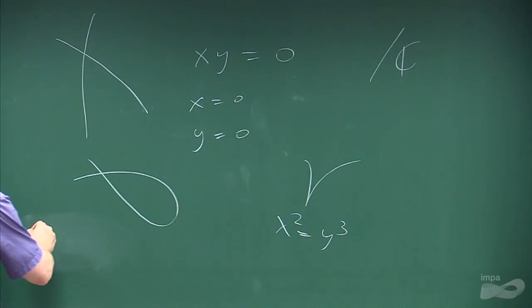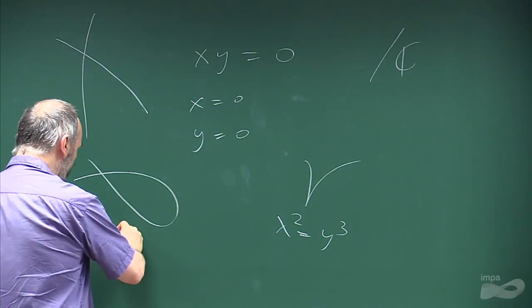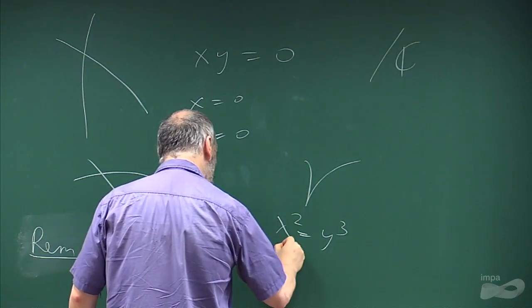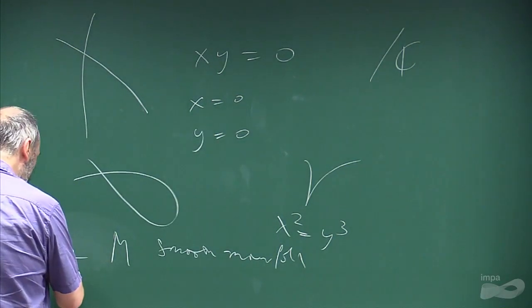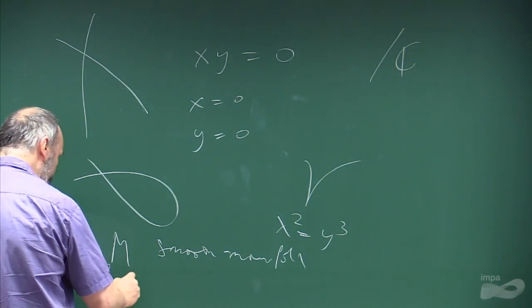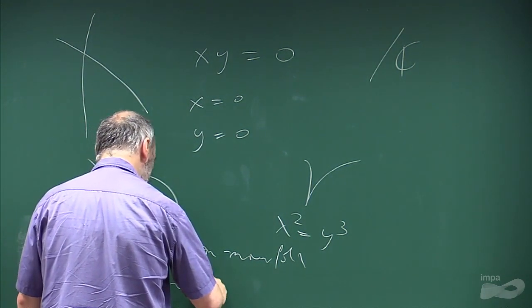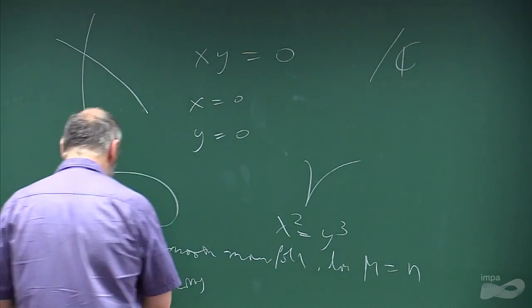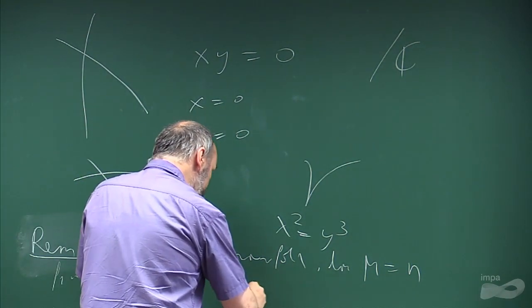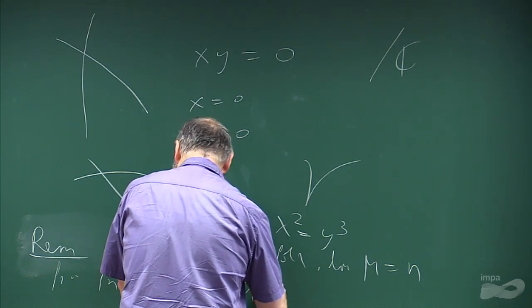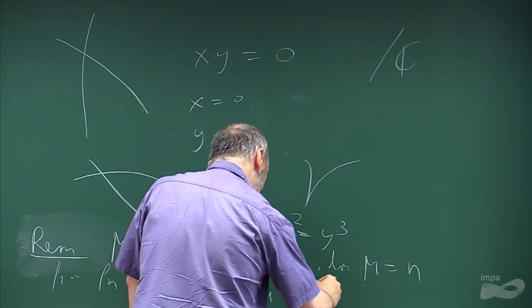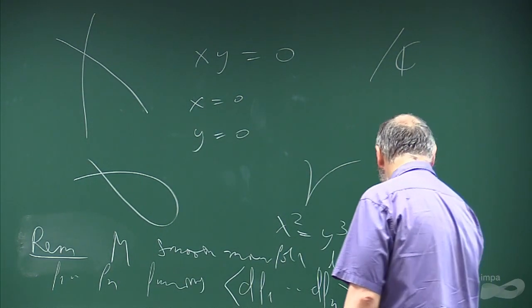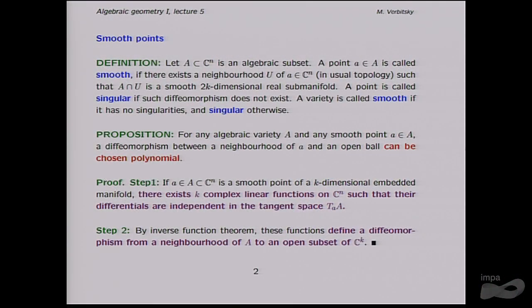So, remark, if you have M a smooth manifold, n-dimensional, and you have n functions f1 through fn such that their differentials df1 through dfn, taken at a point x, form a basis in the cotangent space.